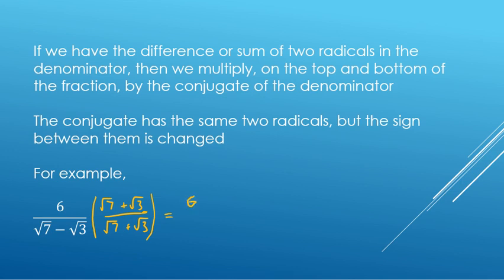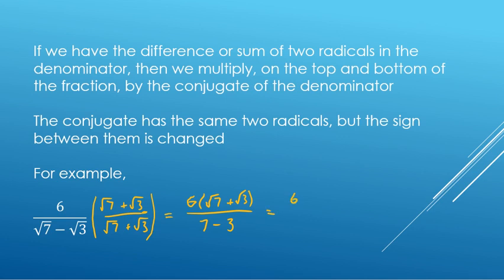So I'm going to have 6 times the square root of 7 plus the square root of 3, over a squared, so the square root of 7 squared, or 7, minus b squared, the square root of 3 squared, which is 3.